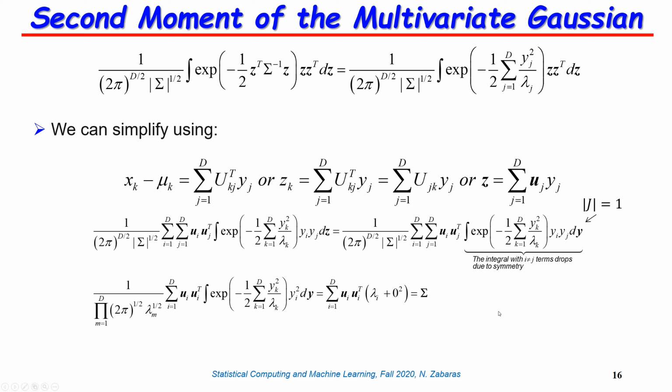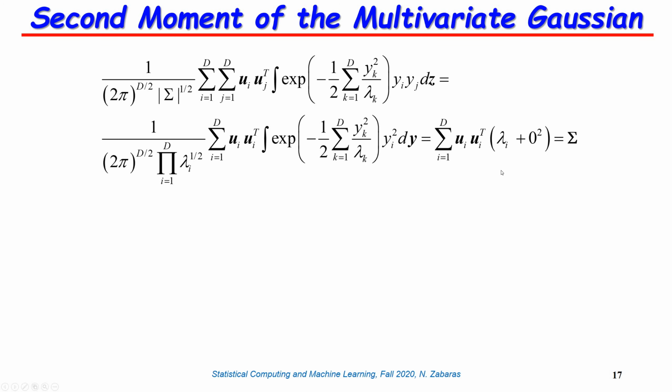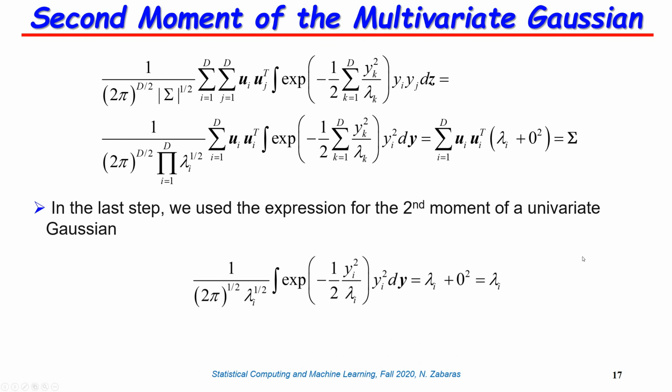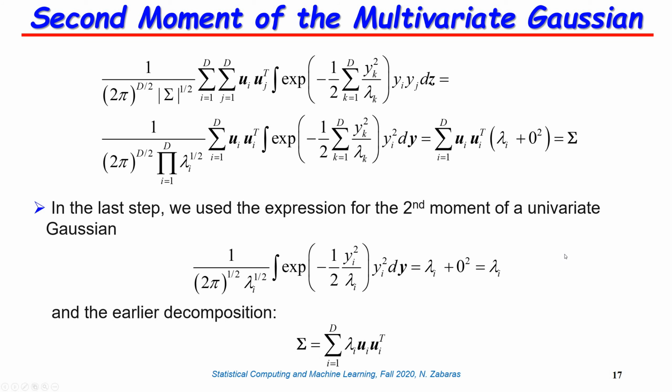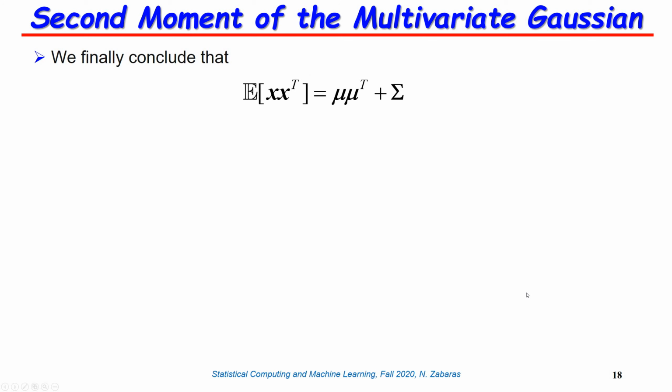If you put all of this together, remember in our calculation we had two terms, one that gave us mu transpose, and one term that gives us sigma. So this is basically what we derive if we put the calculations that I had earlier all together.